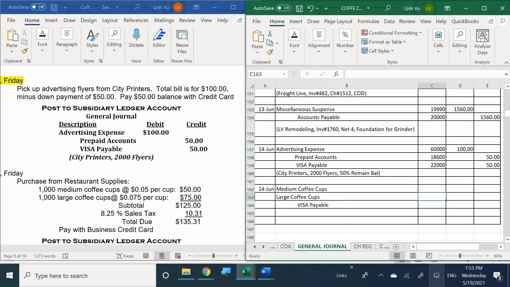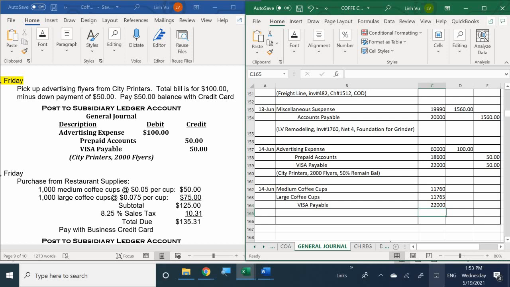Once again, the medium cups was 11,760, the large 11,765, and the credit card was 22,000.